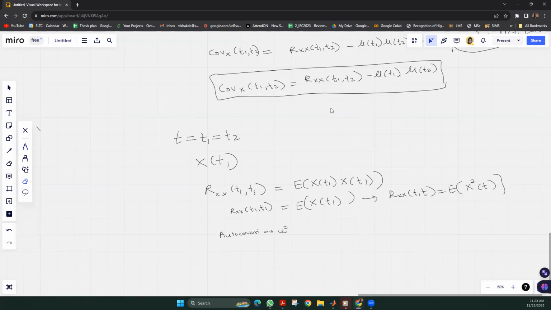So we can denote the square term in front. Then we can denote this as the equation that you can use to find the autocorrelation between the same random variable.